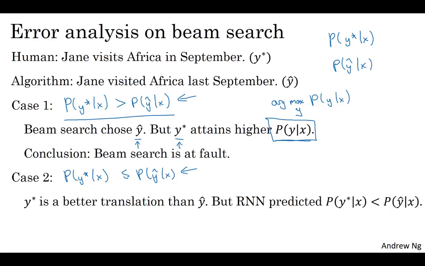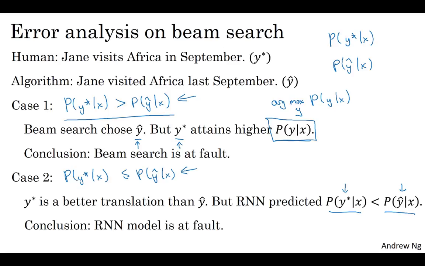But according to the RNN, P of y star is less than P of y hat. So saying that y star is a less likely output than y hat. So in this case, it seems that the RNN model is at fault, and it might be worth spending more time working on the RNN.